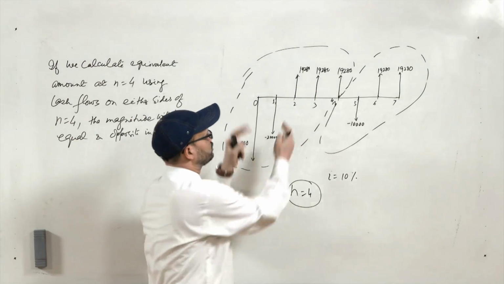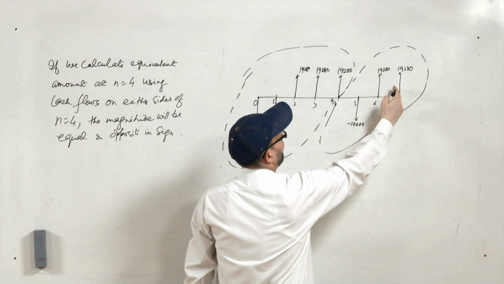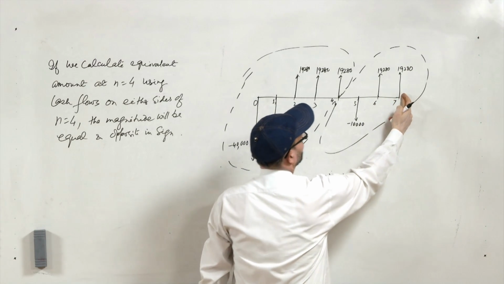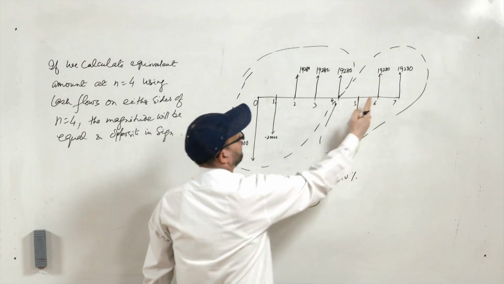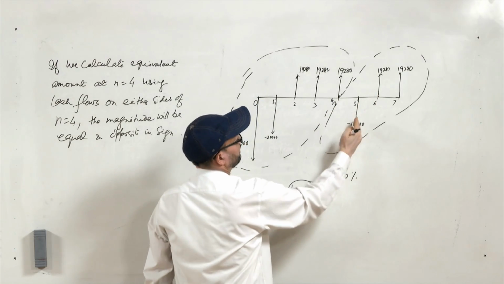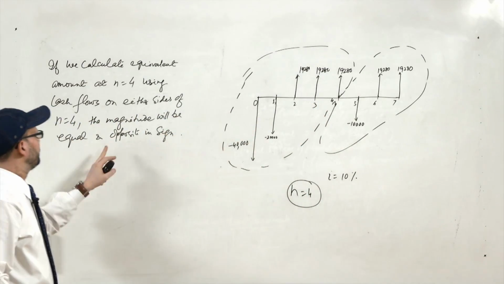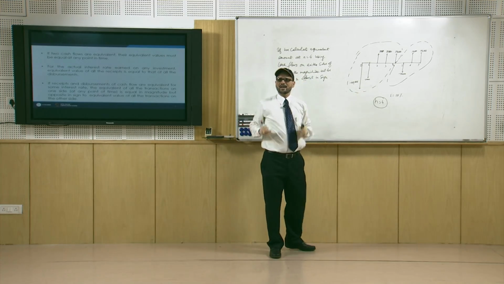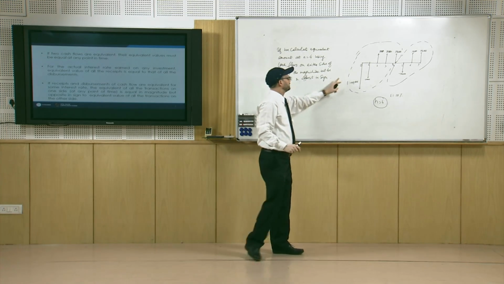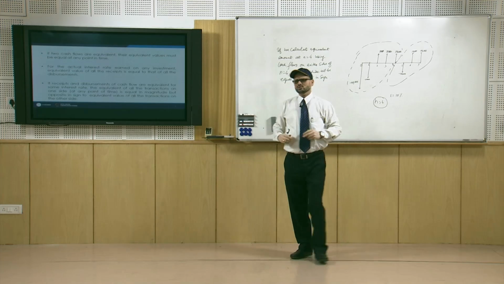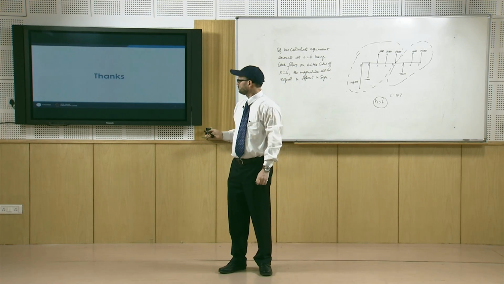The same amount you will get as 19,280 into F by A, I, 2 into P by F, I, 3 plus again minus sign 10,000 P by F, I, 1. So, this amount will be the same and opposite in sign. This way, their values are equivalent. So, this is how the equivalent values are calculated. Thank you.